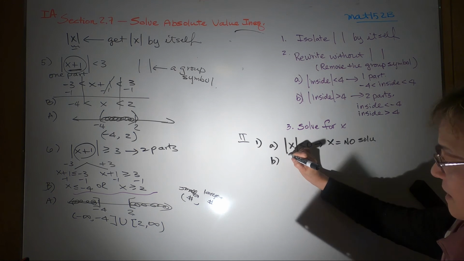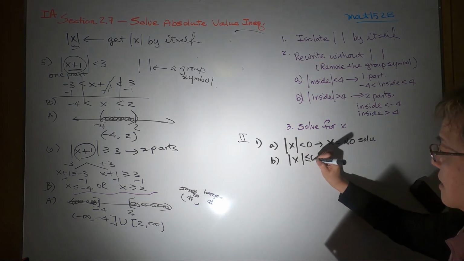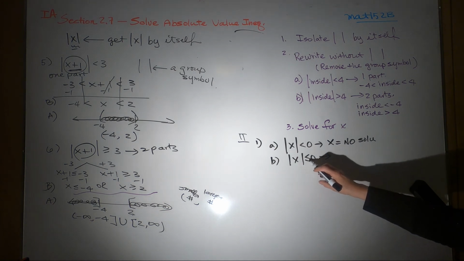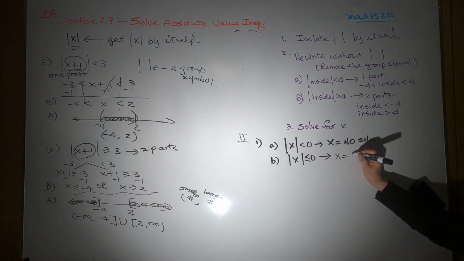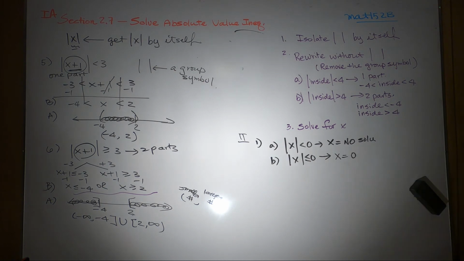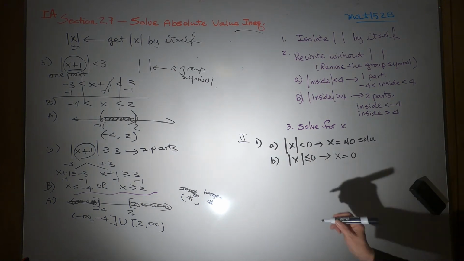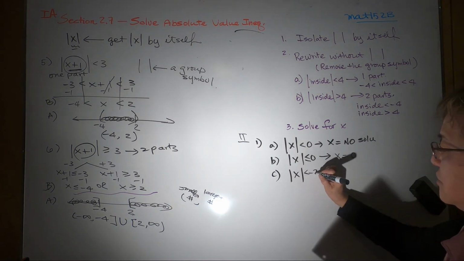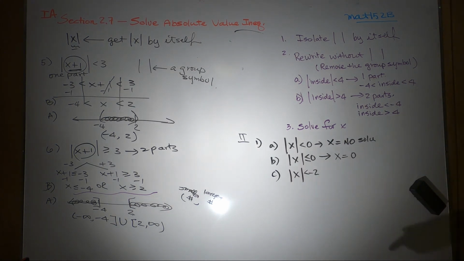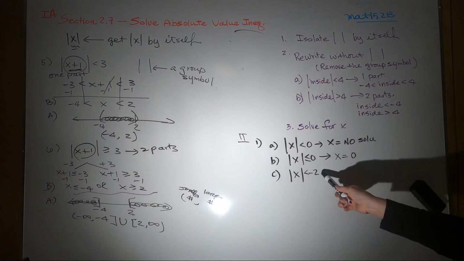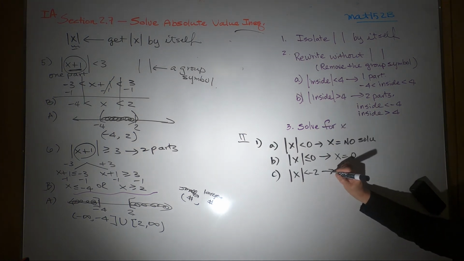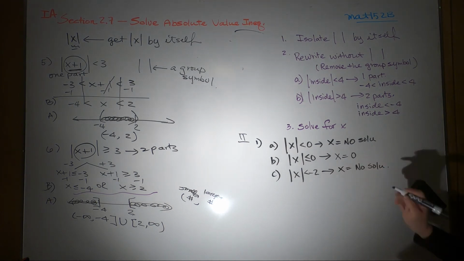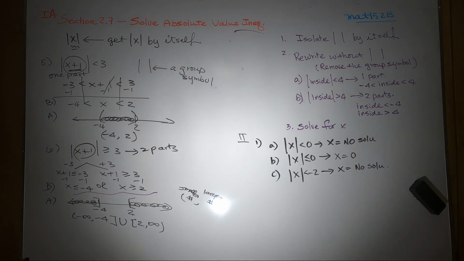So if you write absolute value of x less than or equal to 0, less than 0 is not possible, but can it be 0? Yes. So there is a 0 we fit in. Okay? If you say absolute value less than -2, is that possible? It cannot be negative, and even less than -2 is not possible. So x is what? No solution. Is that right?